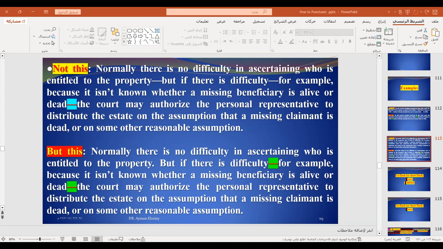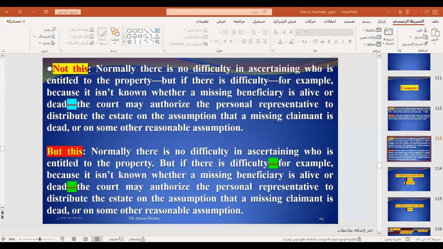But if there is difficulty, for example, because it is not known whether a missing beneficiary is alive or dead, the court may authorize the personal representative to distribute the estate on the assumption that the missing claimant is dead, or on some other reasonable assumption.